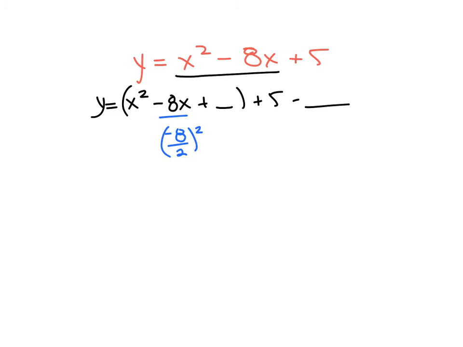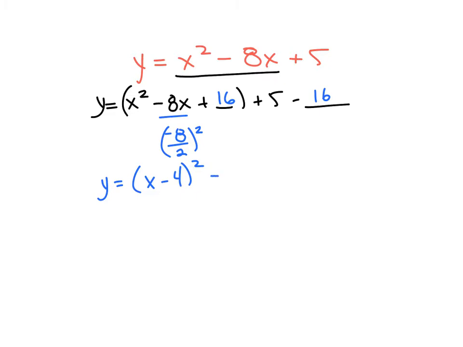So I take negative 8 divided by 2, which is negative 4, quantity squared, which is 16, so I added 16. So what else do I need to do? I need to subtract 16. Math's equal opportunity sport. All right, so we're just manipulating it, right, Gunnar? All right. So then I end up with y is equal to the quantity of x. Now, what is this negative 8 divided by 2? All that is negative 4, right? Yeah. So I just drop it like that. Okay?